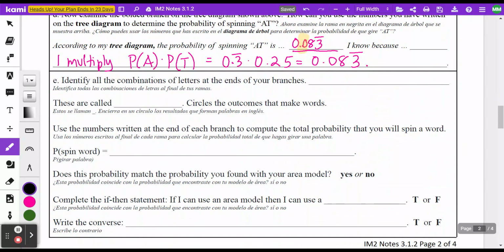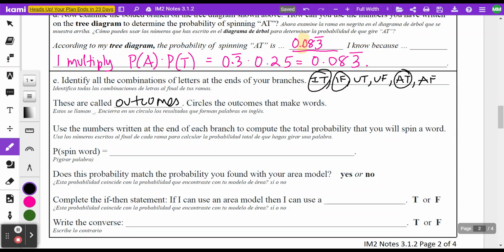Let's write them down. These are called outcomes. It's what happens when you play the game, one of these outcomes. Let's circle the outcomes that make words. It could be it, if, or at.